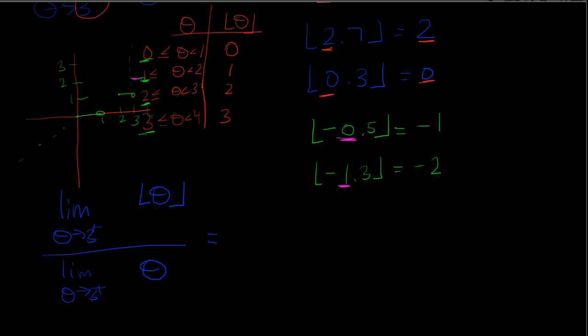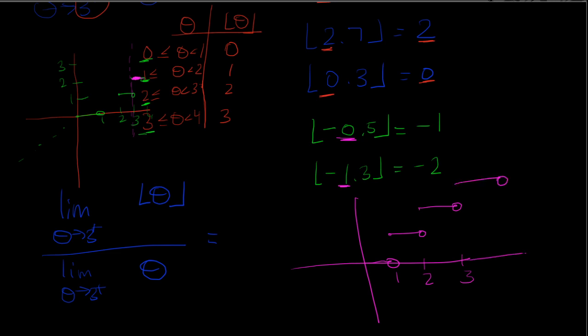This is when theta is 3, like the x value. So approaching from the right, it's going to approach, sorry, that's not right. From the right, let me redraw this. So we have 1, 2, and 3.